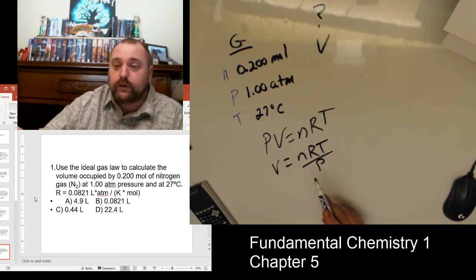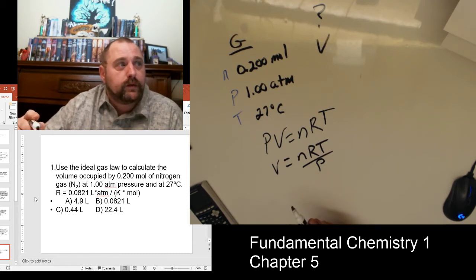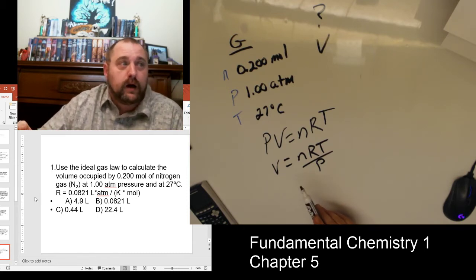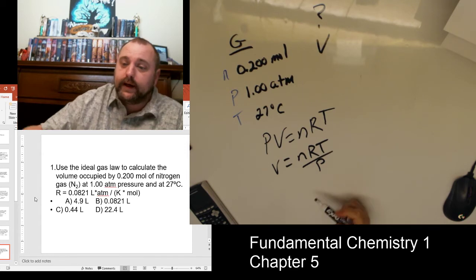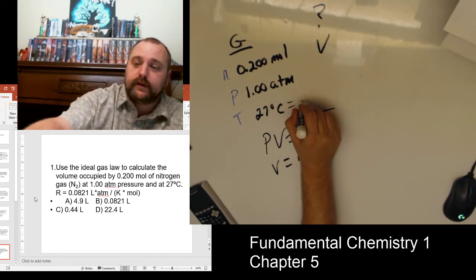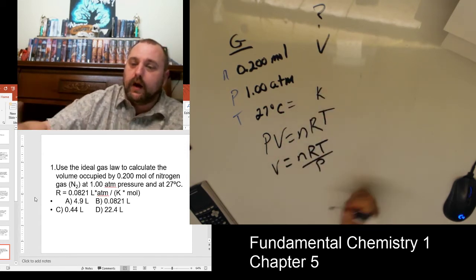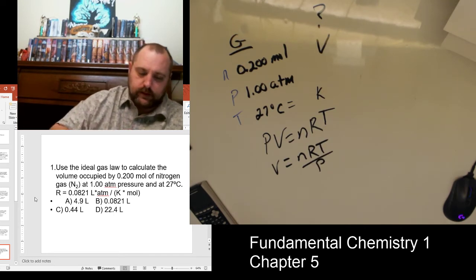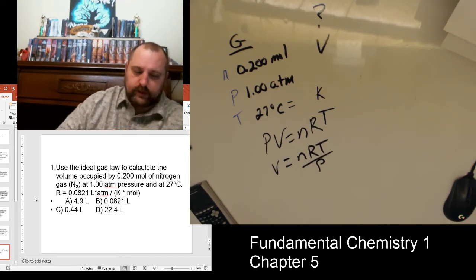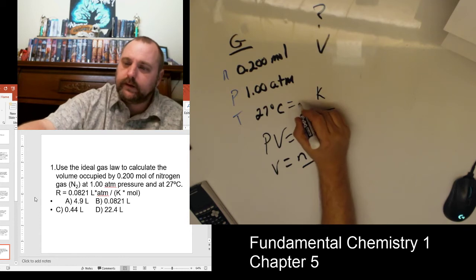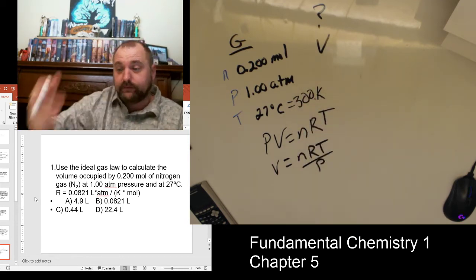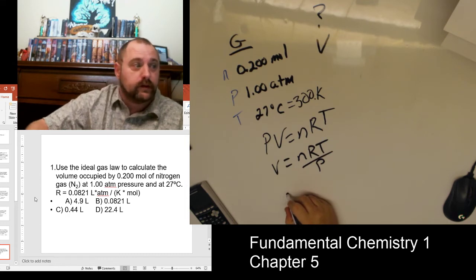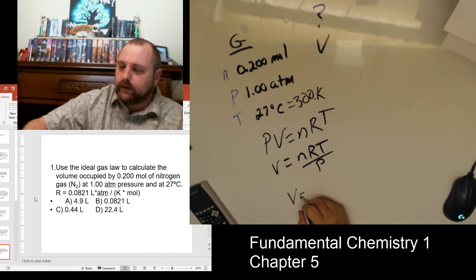So moles is fine, atmosphere is fine, and it tells me in the problem the value to use for R. And notice it's Kelvin, so I need to take this into Kelvin. 273 plus 27 should be 300. It is 300 Kelvin. So let's go ahead and plug everything in.